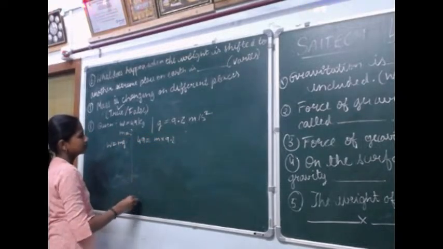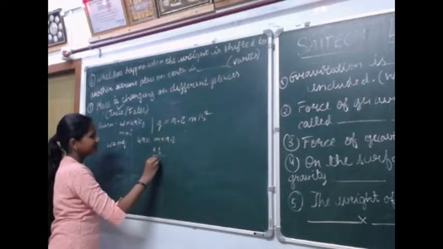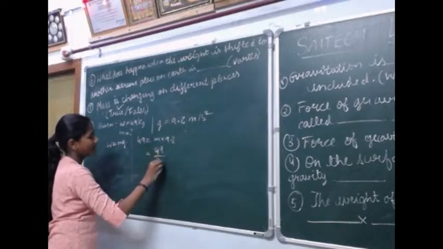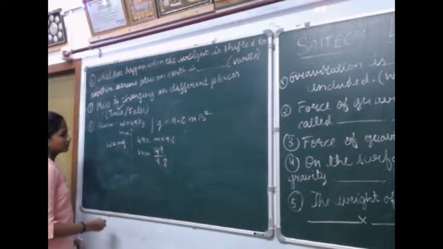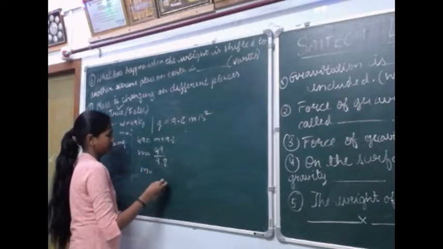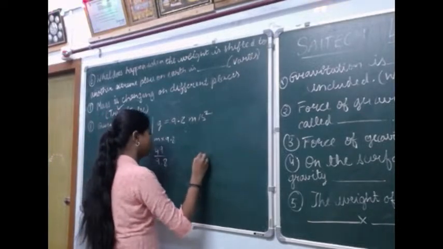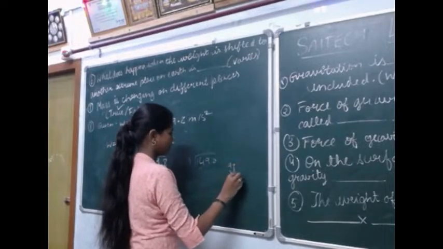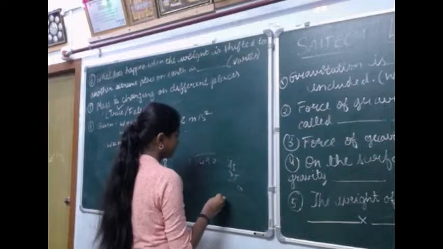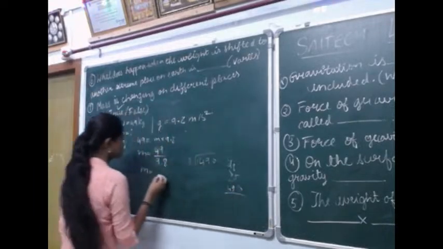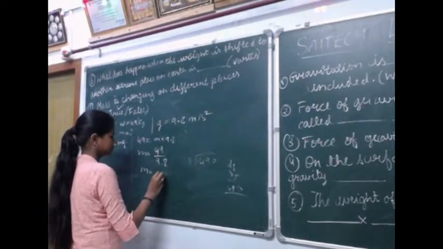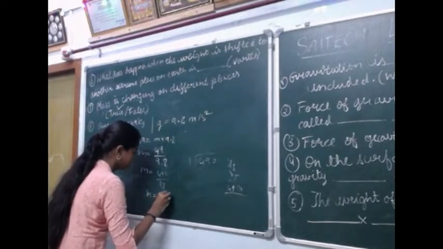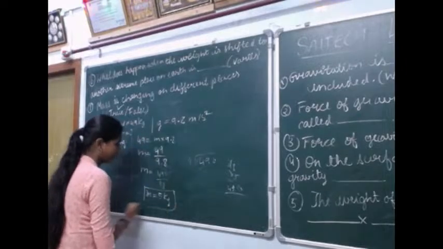So what is m? 49 divided by 9.8. It's 5. But is that gram or kg? kg. Okay. Very good.